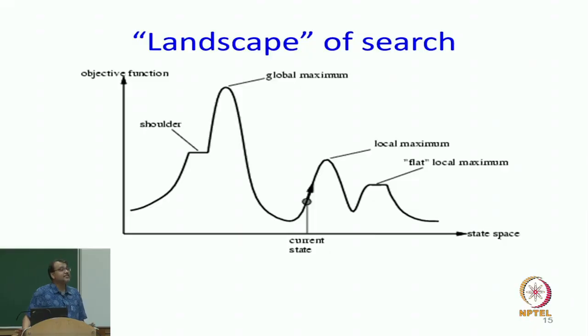Now, we come to Vidit's question, is it going to be optimal? And in order to understand this, let us look at this diagram, and this diagram is going to show you what is going to happen.